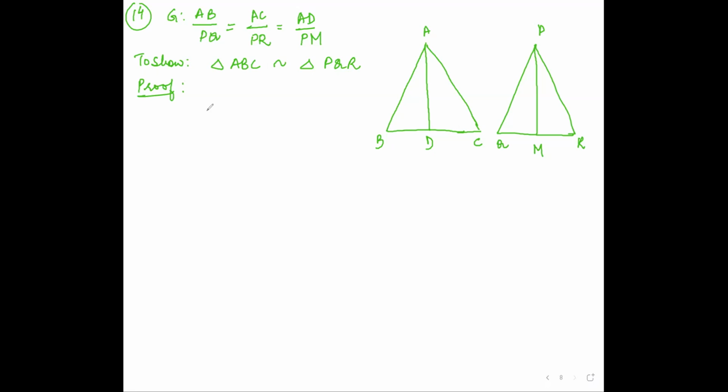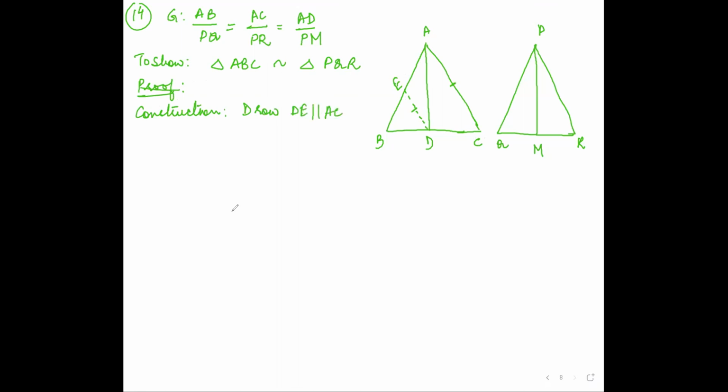We can make a construction. So before proof, let's do one construction. Now construction is that I'm going to draw a line DE parallel to AC, right? So this line is actually parallel to this one. Getting it? So draw DE parallel to AC.